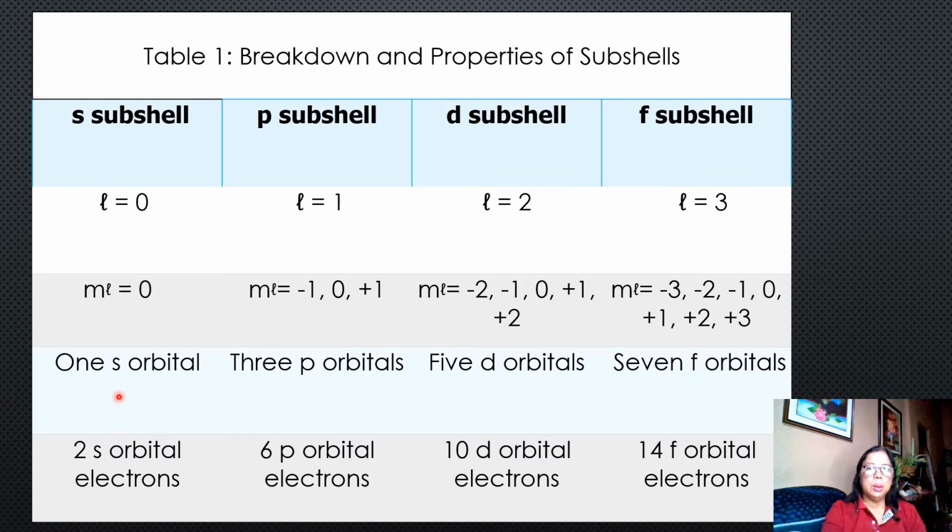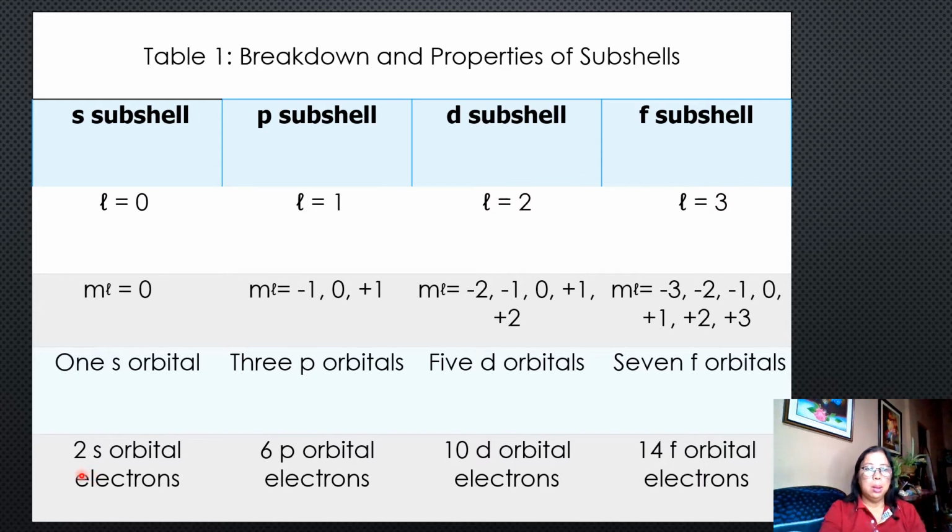In the s subshell, you have the s orbital, then the 3 p orbitals for p, the 5 d orbitals for the d subshell, and the 7 f orbitals for the f subshell. I hope you can still remember those things that you should have learned in high school chemistry, especially those who are in STEM.